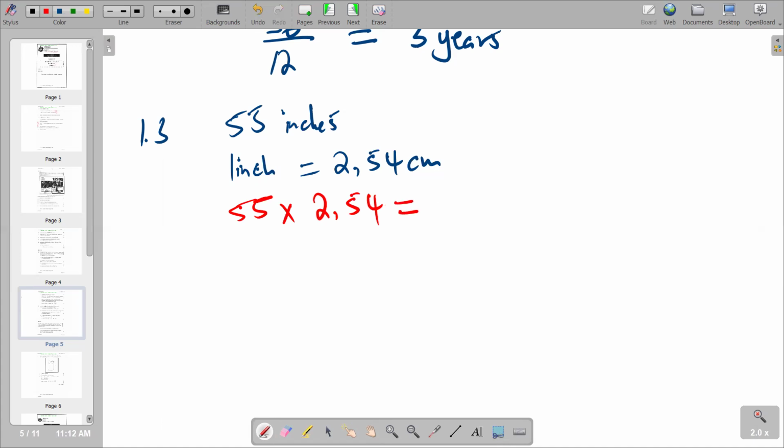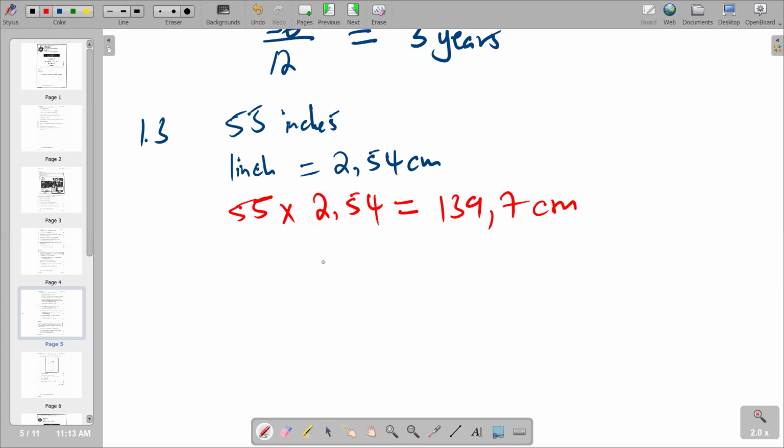Let's calculate. Then we get 139.7 centimeters, which is what we have in terms of our centimeters.